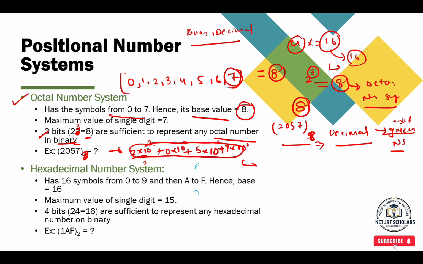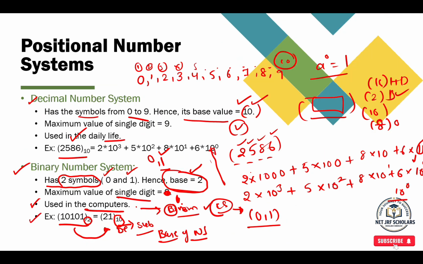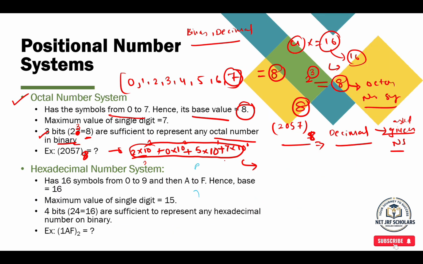Here a small correction: as we were converting binary to decimal, we had taken 10. Here, in this case, this is an octal, right? We need to convert into decimal.